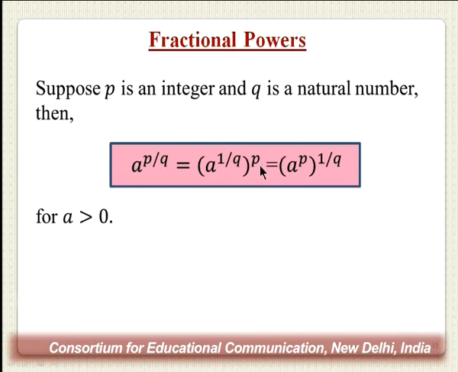So that is one way of looking at things. Another way of looking at things is that you can actually first raise a to the power p, and then for the result that you get for a to the power p, take the qth root. So take the qth root of a to the power p. Both ways of calculating a to the power p by q give you the same answer.